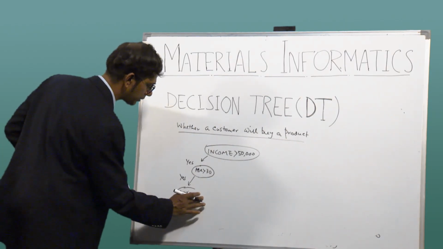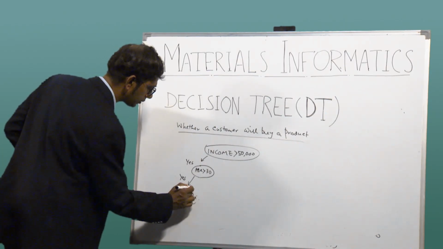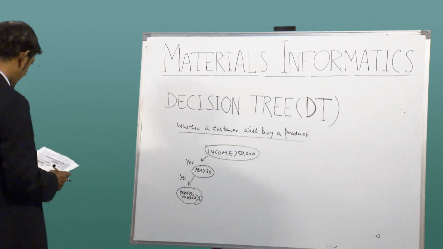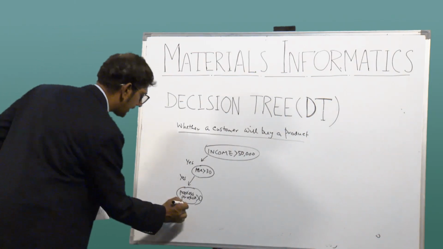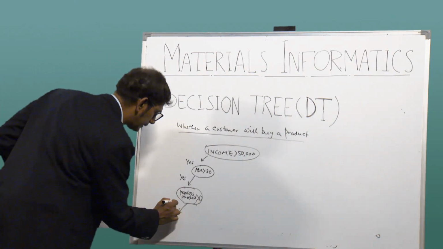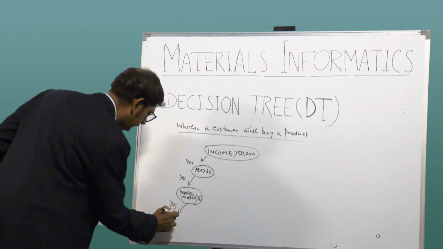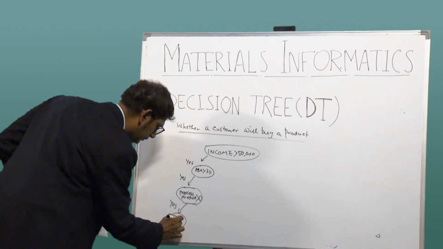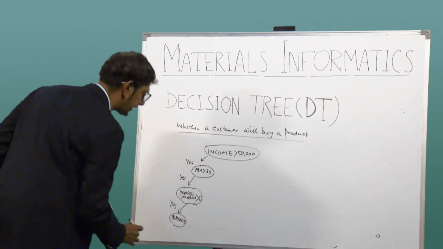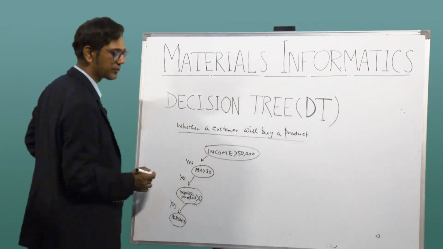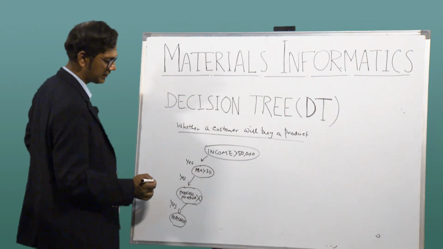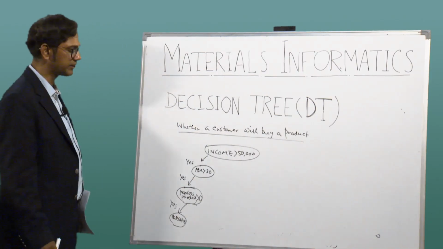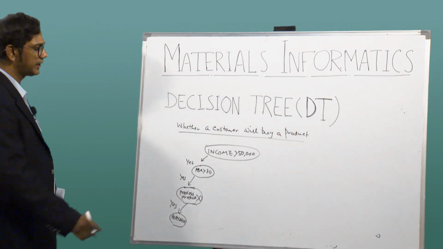Let me write it in a better way, so that you do not get confused. And then we say yes, purchase is made. Okay. So, if the income is more than 50,000 rupees, age is more than 30, and the person has previously made some purchase, it is likely that the person will make the purchase, everything yes.